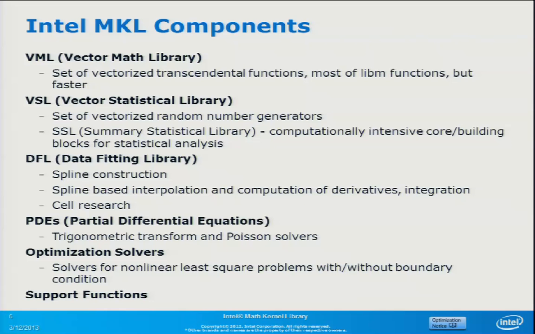You sometimes spend more time generating the random number than actually doing the step. So this is quite nice for that. There's also a summary statistical library that allows all kinds of statistical computation like skewness and kurtosis of matrices and so on, error calculations, all these kinds of things.